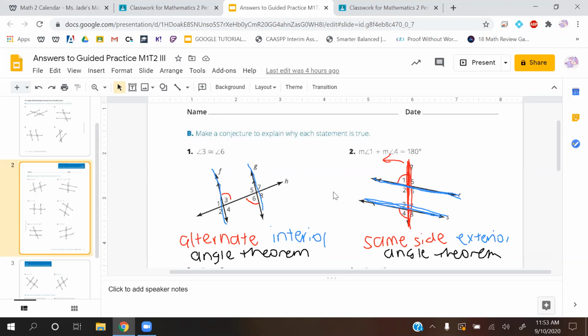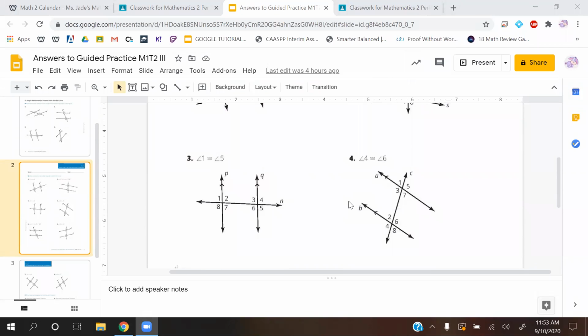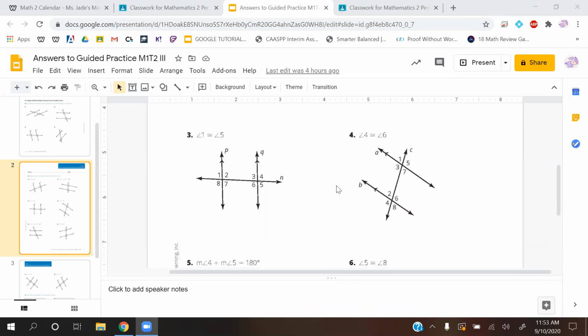Okay, I'm going to clear the screen, clear the annotations, and then let's scroll on to do a few more of these. Let's do 3 and 4.